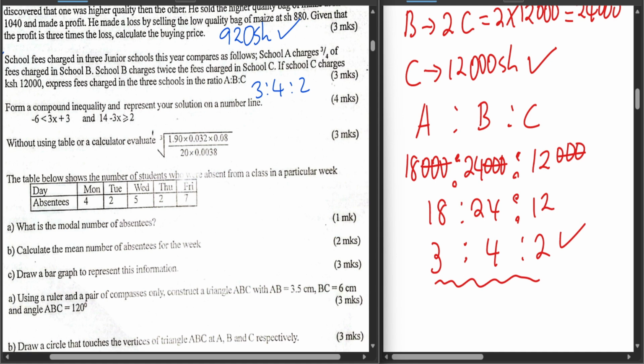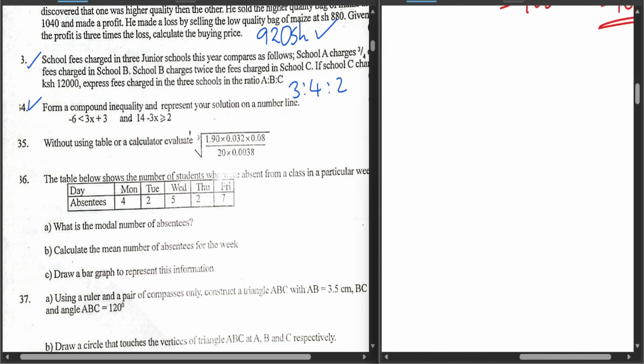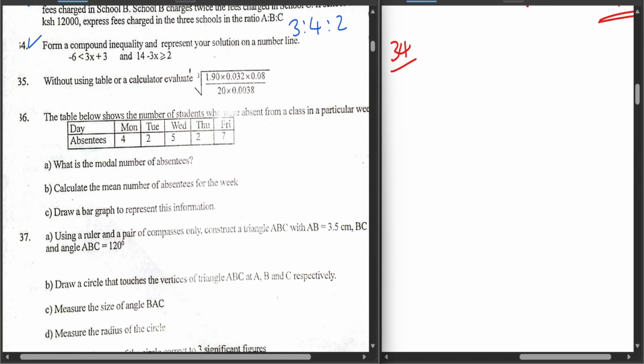Now, question 34 is telling us to form a compound inequality and represent your solution on a number line. So we have -6 less than 3x plus 3. Let's solve this first.